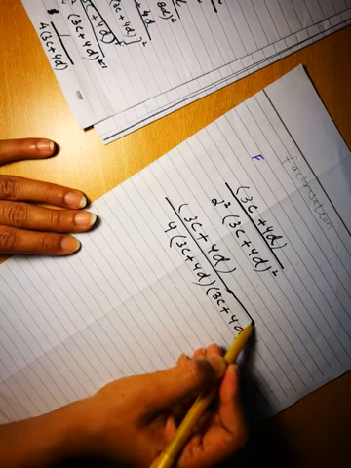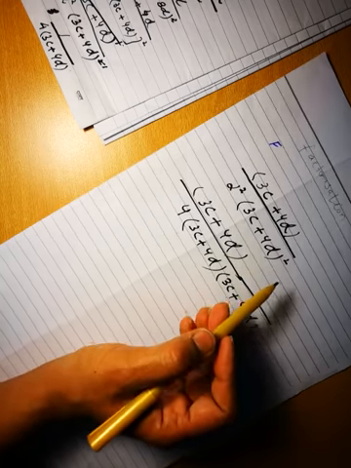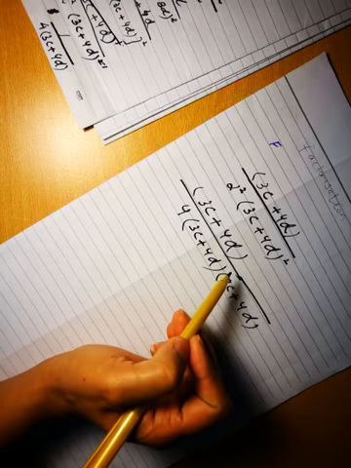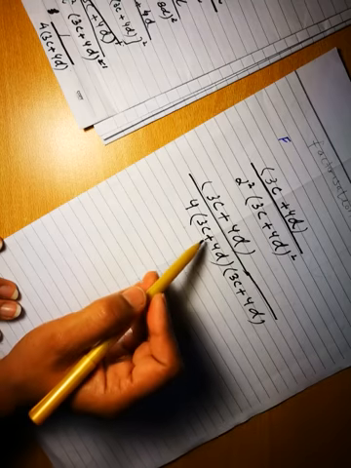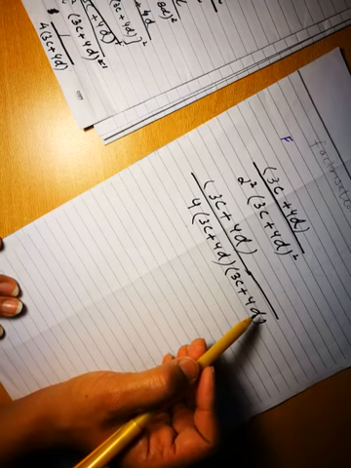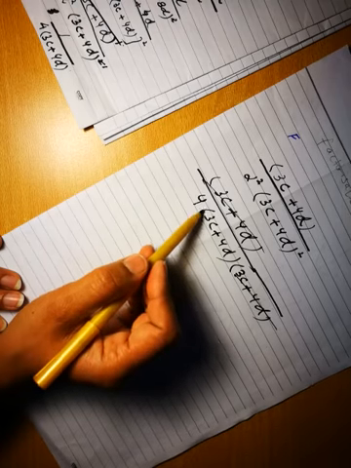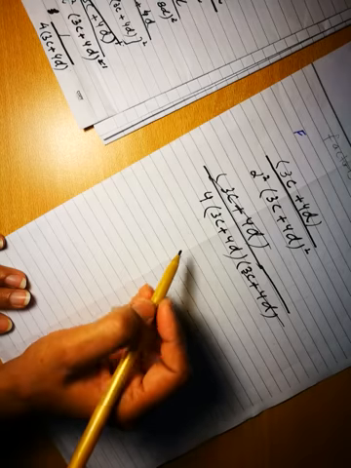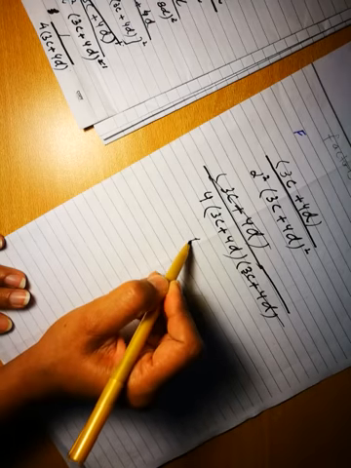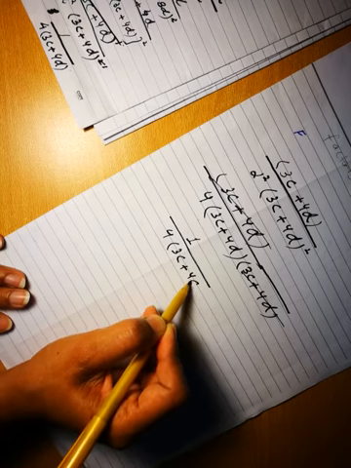Remember, I have told you earlier that if I am having anything to the power 2, that means that value will be multiplied by itself twice. So 3c plus 4d whole square means 3c plus 4d, 3c plus 4d. So one of them will be cancelled out, and you will be left with one of these. So what are you left with in the numerator? You are left with 1 over 4 times 3c plus 4d.